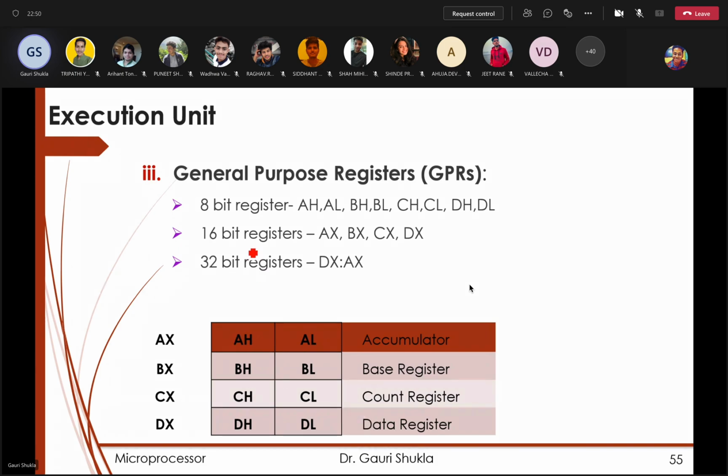Together I have these 16-bit registers as AX, BX, CX and DX. So individually AL, AH, BL, BH, CL, CH, DL, DH.